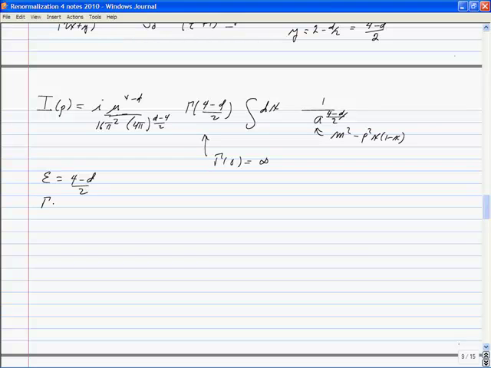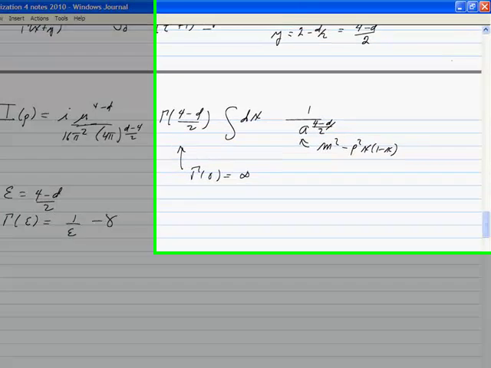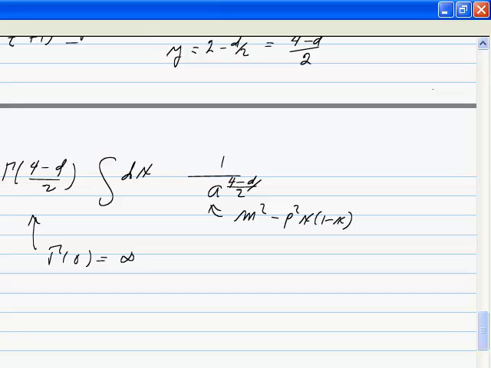Gamma of epsilon is then 1 over epsilon minus this Euler number, 0.57. And I've got a bunch of other 4 minus d's over 2 floating around here.